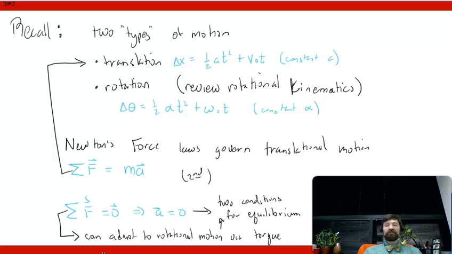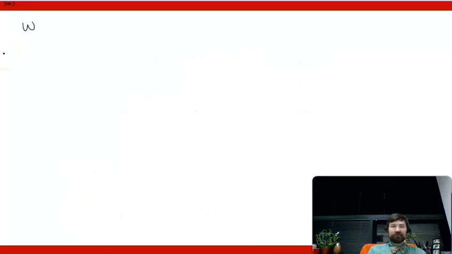And so the question that should be in your mind after having watched that video is, what happens if the torque is not balanced? So what if torque is not balanced?